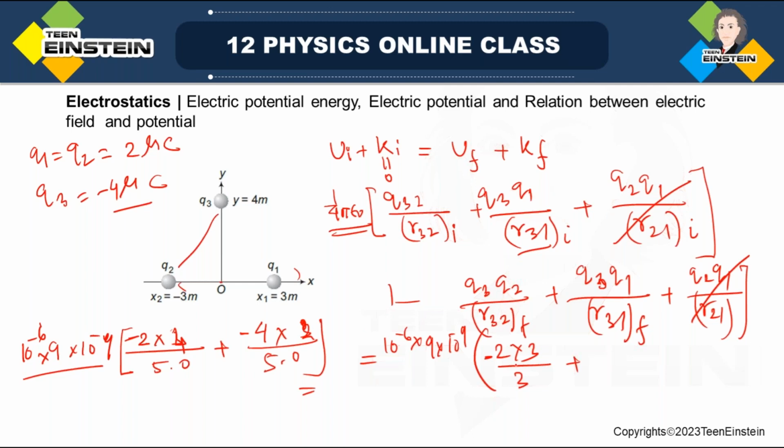Similarly for Q1 Q3, minus 4 into 2. The only thing is the distance in this case is now 3 meters, because that is the distance after the charge is here.